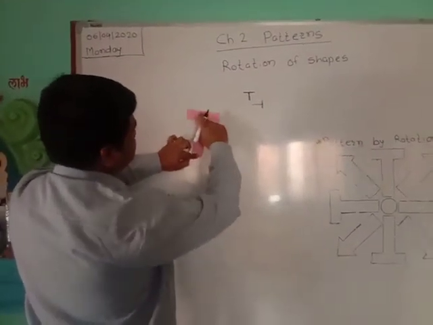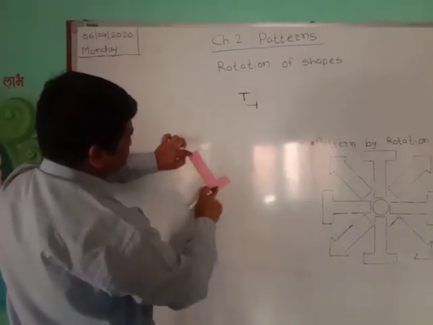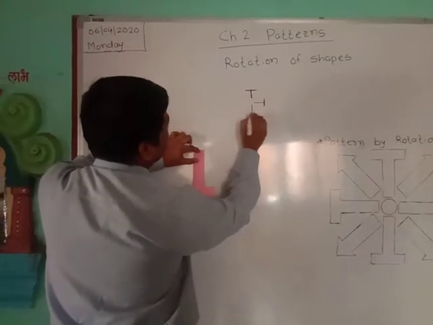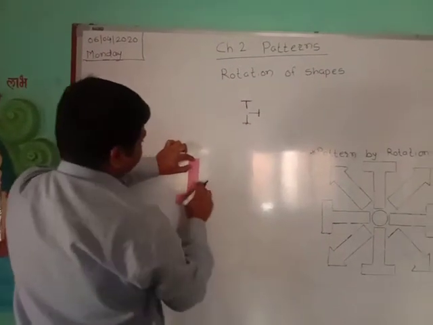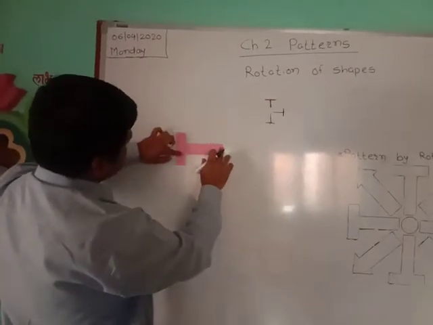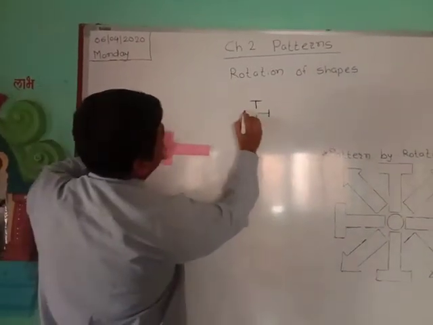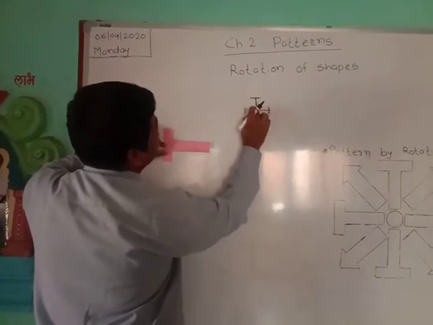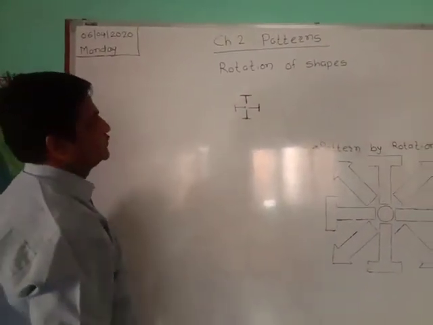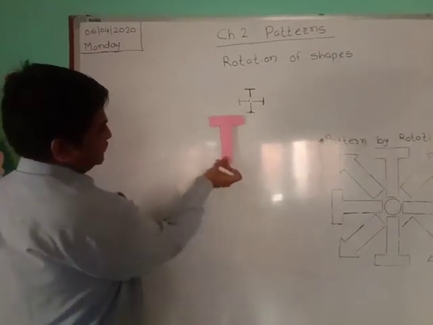When it is rotated through 180 degrees in the clockwise direction, the T head will be downwards. If it is rotated through 90 degrees in anti-clockwise direction, the T head will be to the left, and again you can see a beautiful pattern emerges out of the simple rotation of the T.